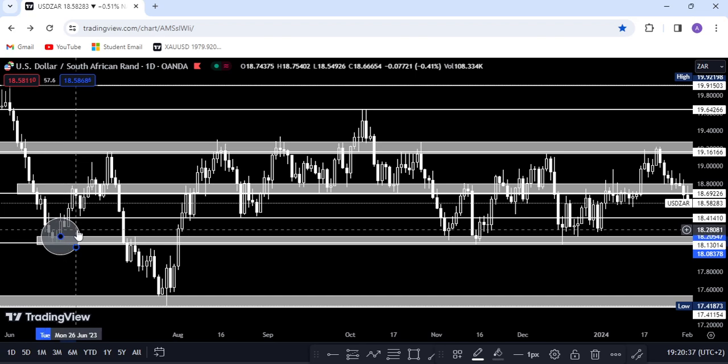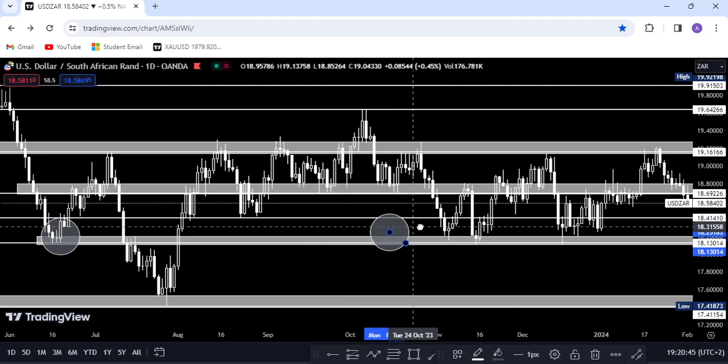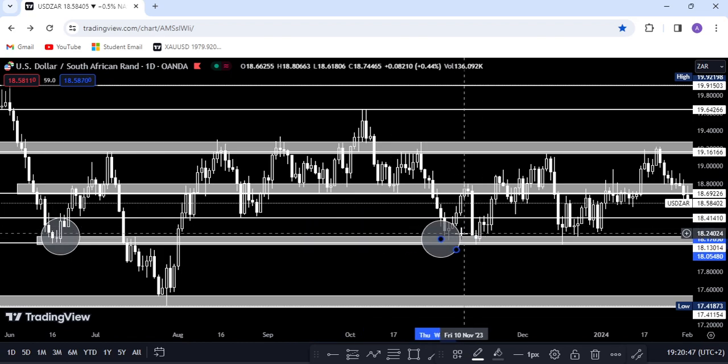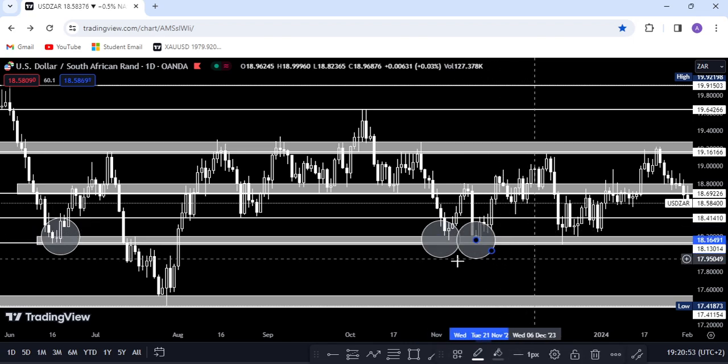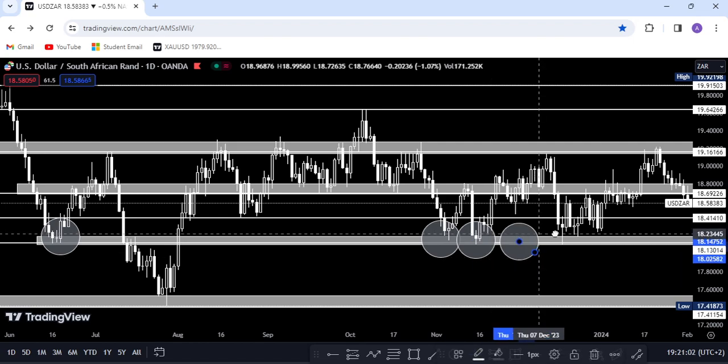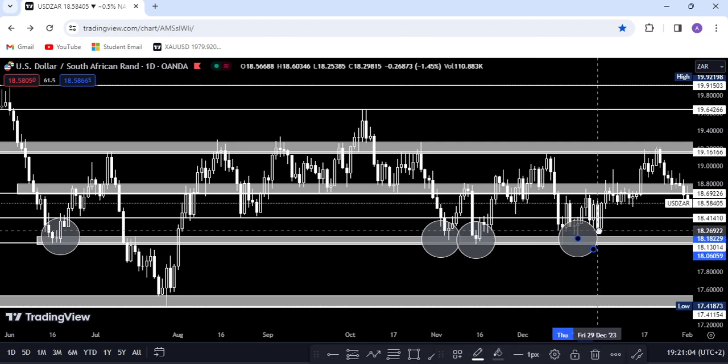Another price movement that has bounced is this one, as you can see here, here, and here.